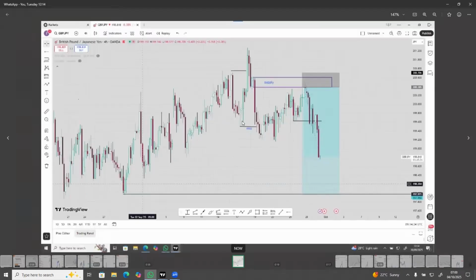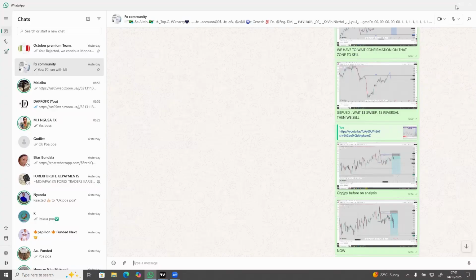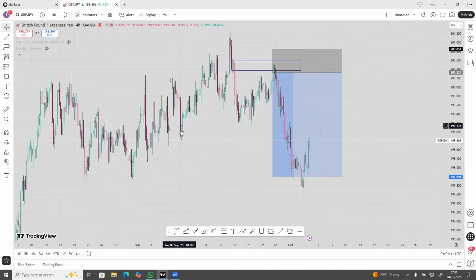It was that trade. Okay, you see, we took a short position from that supply, GBP JPY, and we were targeting that particular low sell side liquidity. Taking profit heated.